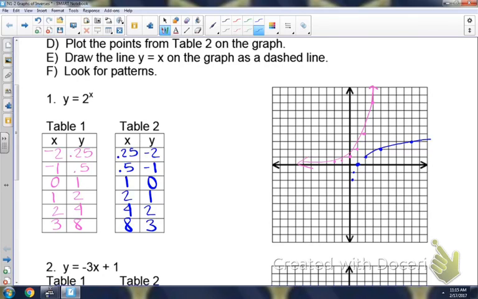Notice on this one that it's approaching the y-axis. I'm going to go ahead and label these so I know which one's which. This is table 2, and this is table 1.